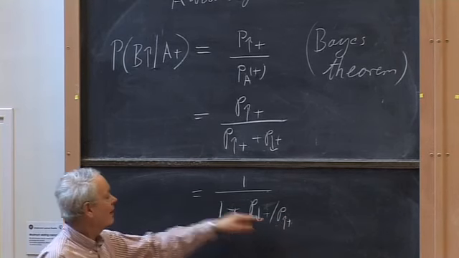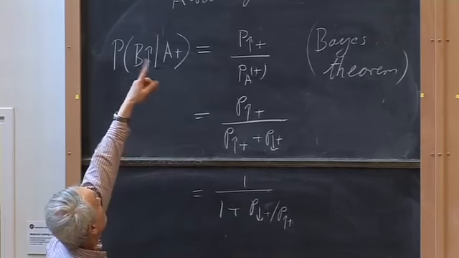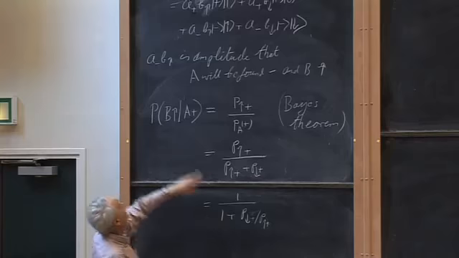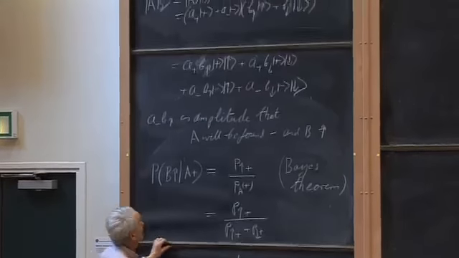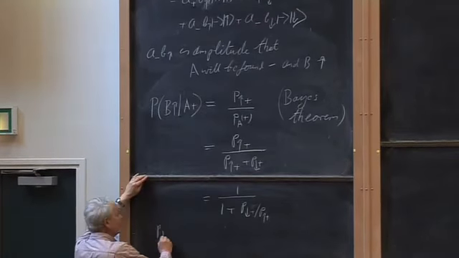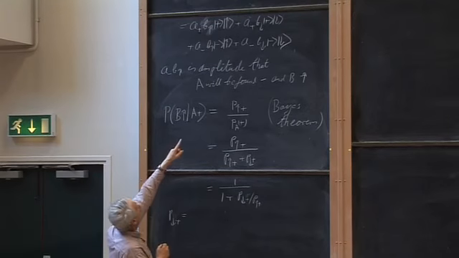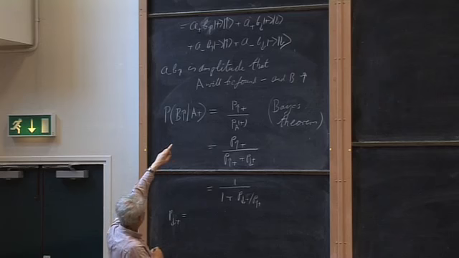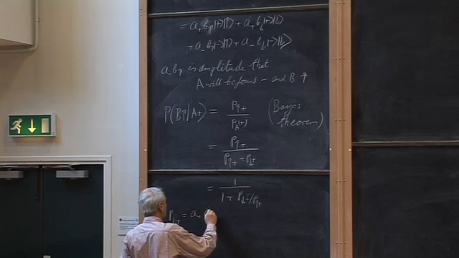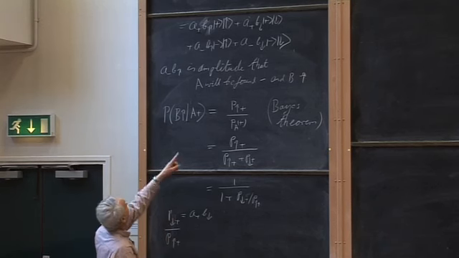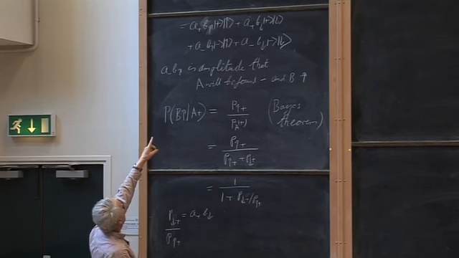What about this? Let's go back to that expression up there. What's this probability in terms of those amplitudes? P down plus, P down, down and plus is equal to A plus B down. And P up plus, going up there, P up plus is A plus B up.